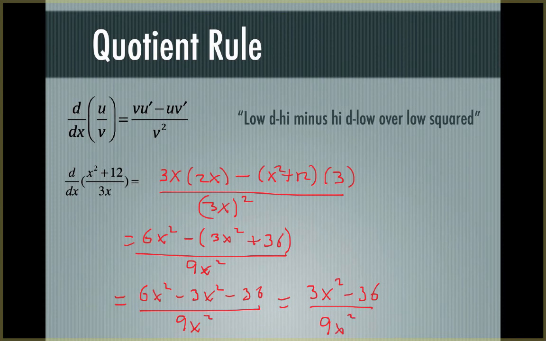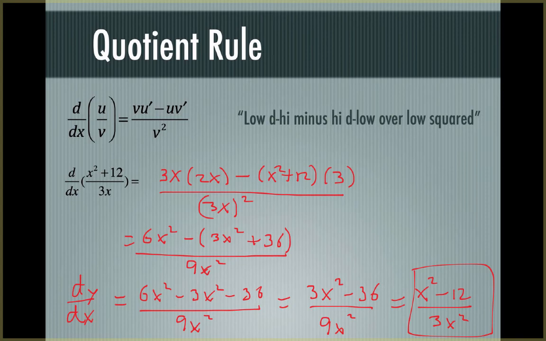We can divide a 3 out of everything, so we get x squared minus 12 over 3x squared. This is my derivative with respect to x.